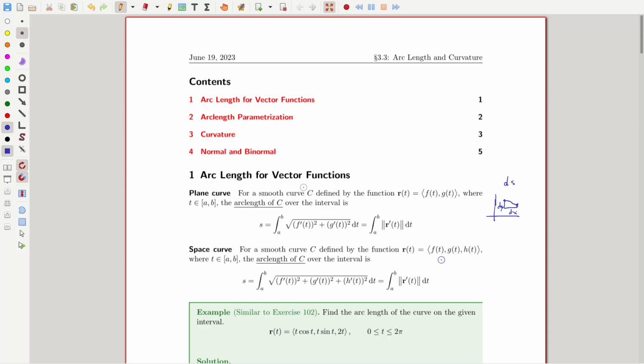In fact, we can probably lift it up to arbitrary dimension, but we only really need to concern ourselves with dimensions 2 and 3. So in dimension 3, we would have an additional function for the z position, and it generalizes in a rather straightforward manner, right? We have the three-dimensional distance formula here, and that can also be thought of as taking the magnitude of the derivative of the vector function r.